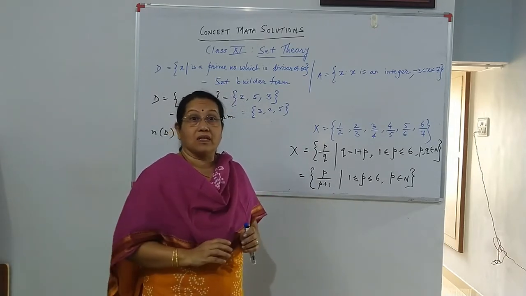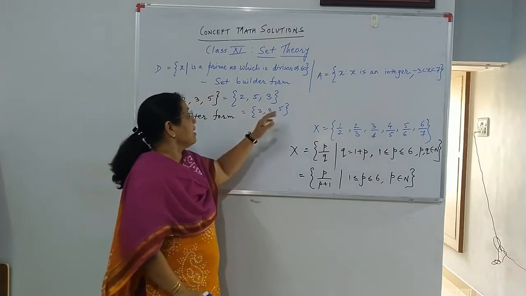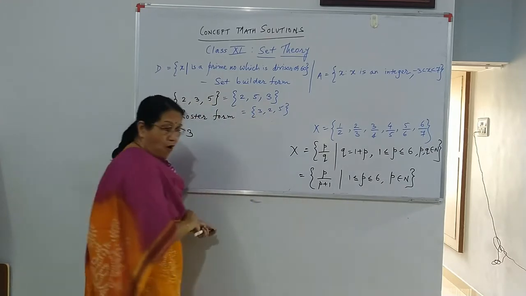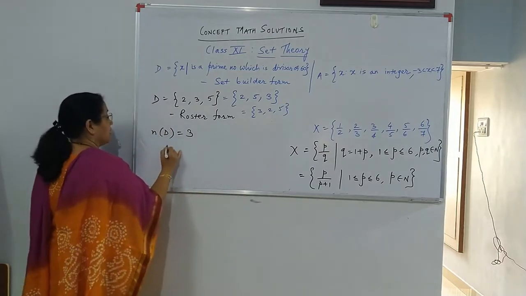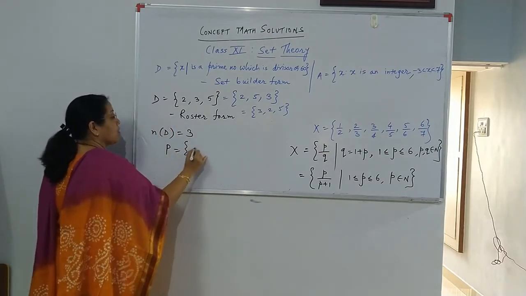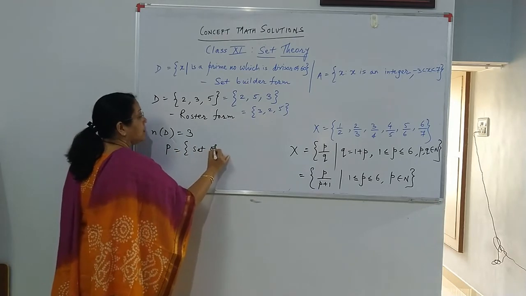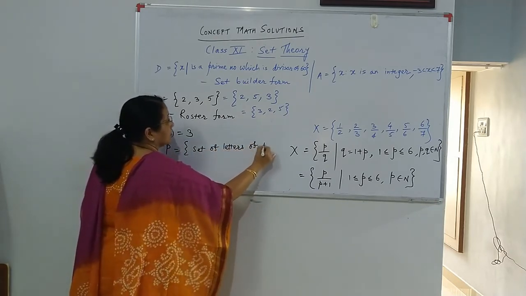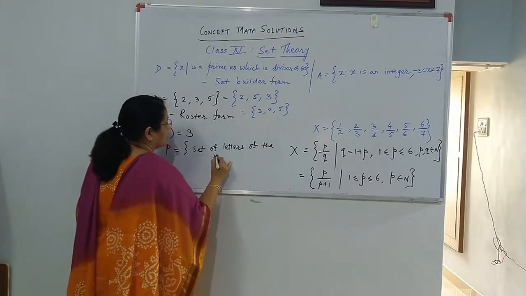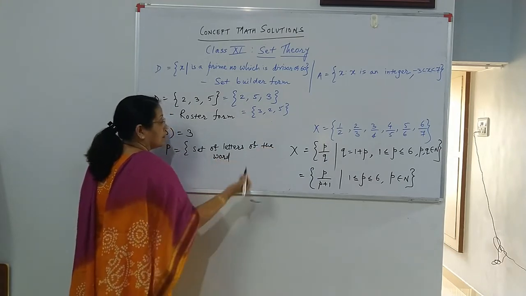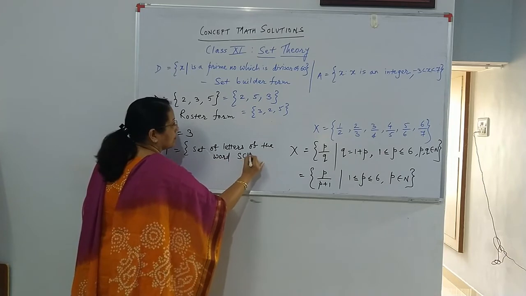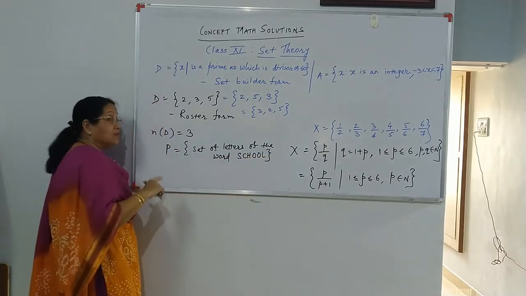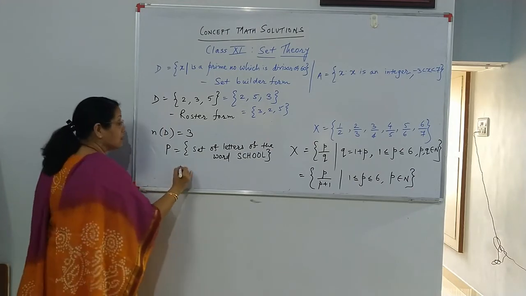Also understand one thing. One element is written only one time in a set. Suppose I form a set, say P, which is the set of letters of the word school.